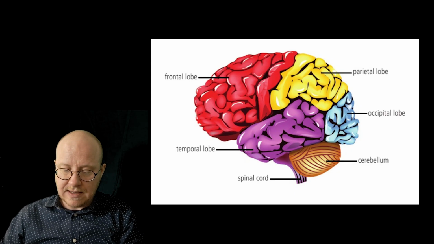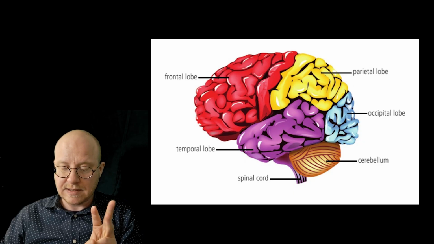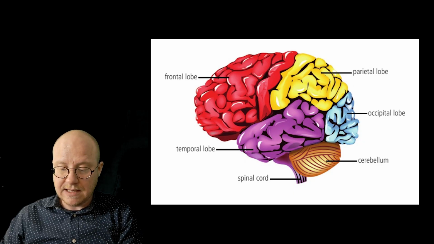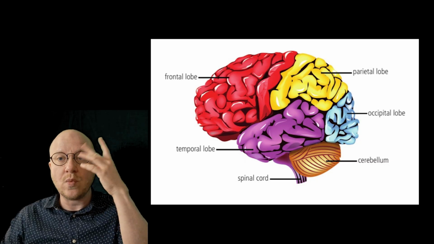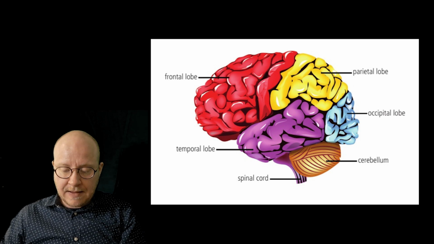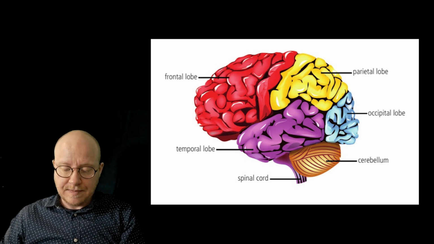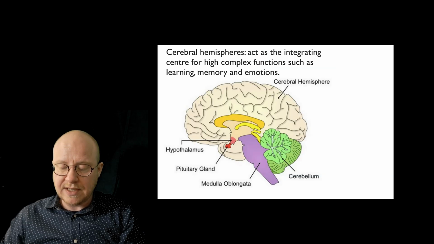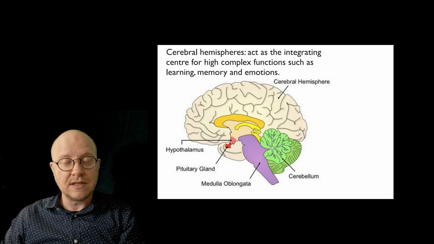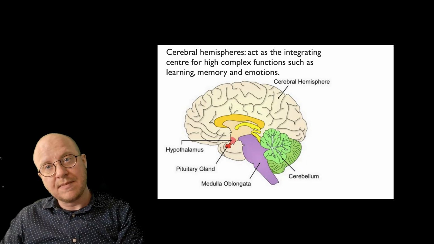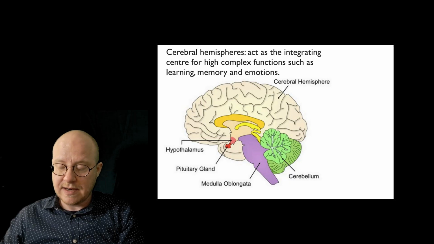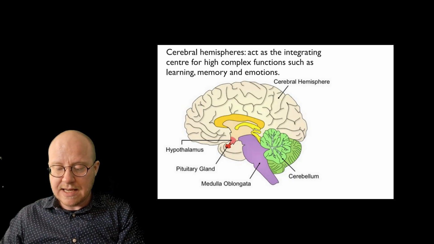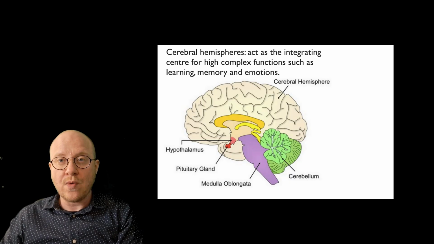The brain is divided into three main areas, each of which is subdivided further based on location and function. Remember, function is what is it doing? The cerebrum. The cerebrum is divided into right and left sides called cerebral hemispheres. This is like the way we divide the planet into hemispheres, the south and north hemisphere. Each hemisphere consists of 4 lobes.